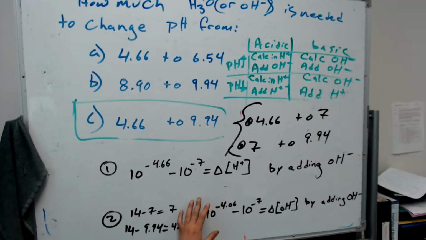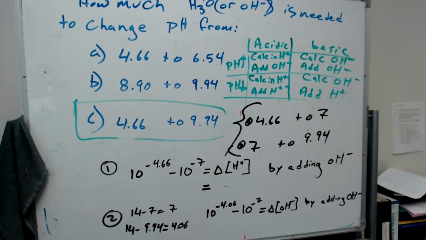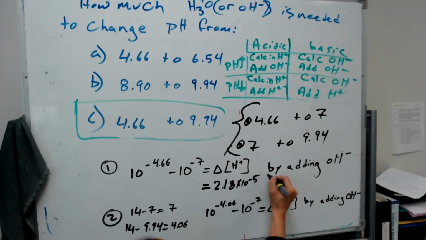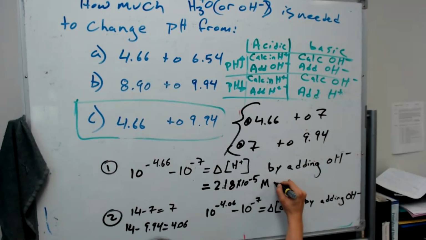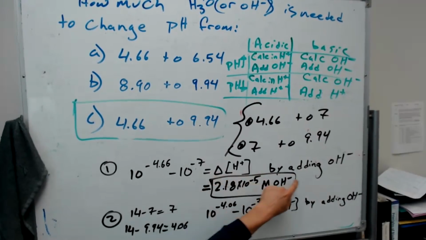Did anyone calculate these just so we can have an answer? Let's calculate these and get an answer. For the first part, it's 2.18 times 10 to the minus 5. Now, the reason that we can say that this is molarity of OH minus that we need to add, rather than changing H plus, is because the H plus to OH minus is a 1-to-1 ratio.